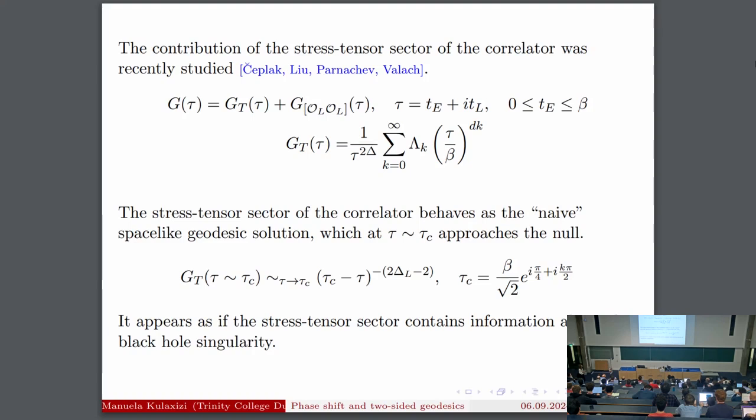There is related work that has to do particularly with this two-sided business that you've heard, maybe in the talk earlier by Cheplak, where one can compute this correlation function depending only on time, and sees that there is some critical time where there is a singularity, and this behavior is captured by the stress tensor sector of the correlator.